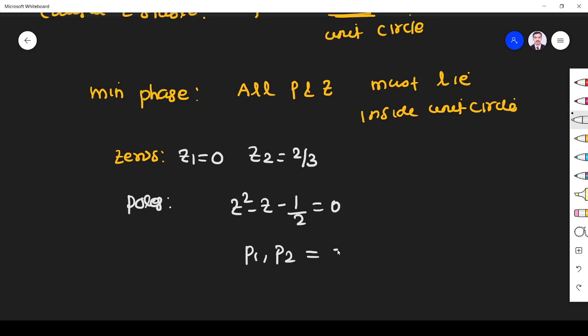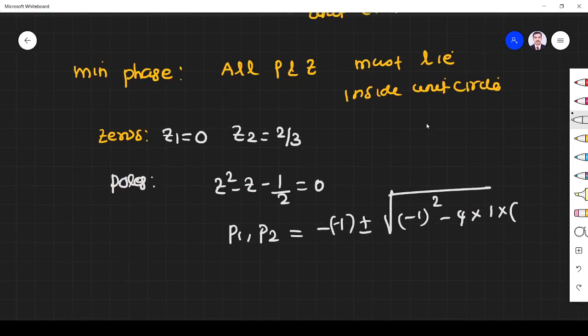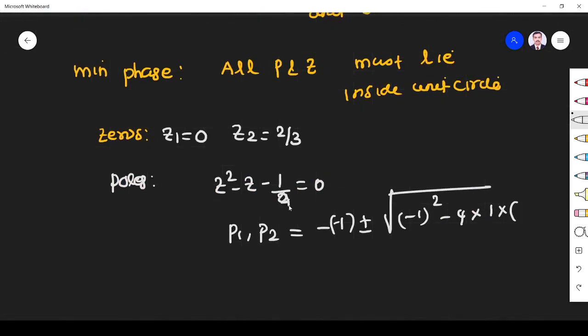How can we find the roots? Minus b plus or minus square root of b squared minus 4ac, by 2a. So minus of minus 1 plus or minus square root of 1 squared minus 4 into 1 into minus 1 by 4, by 2.